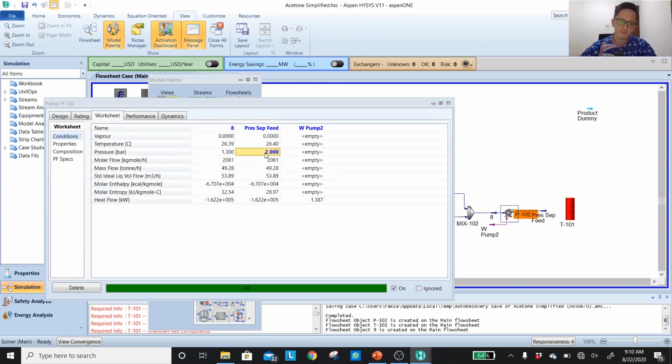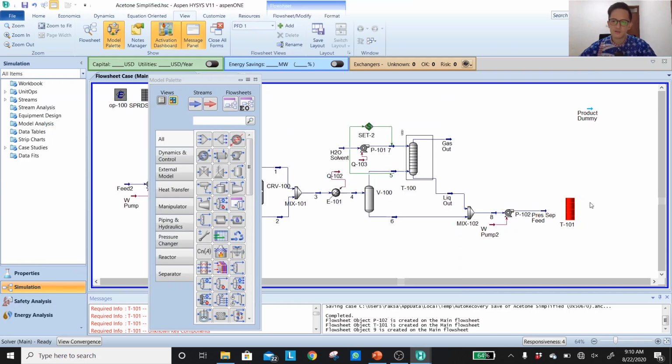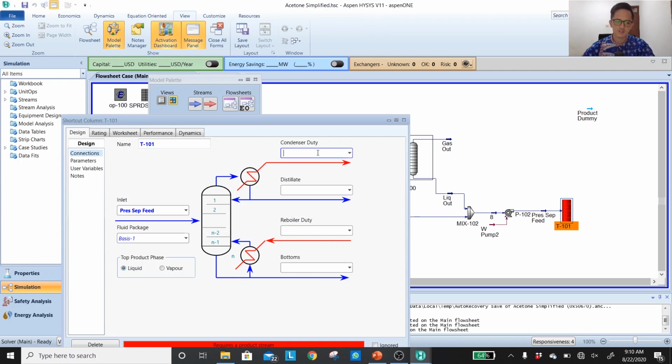Let's just pump it to 2 bar, and then I will send it to my distillation column. Okay, let's name it properly. QC1 for the condenser, QR1 for the reboiler, distillate will be DIST1, bottom one BOT1.